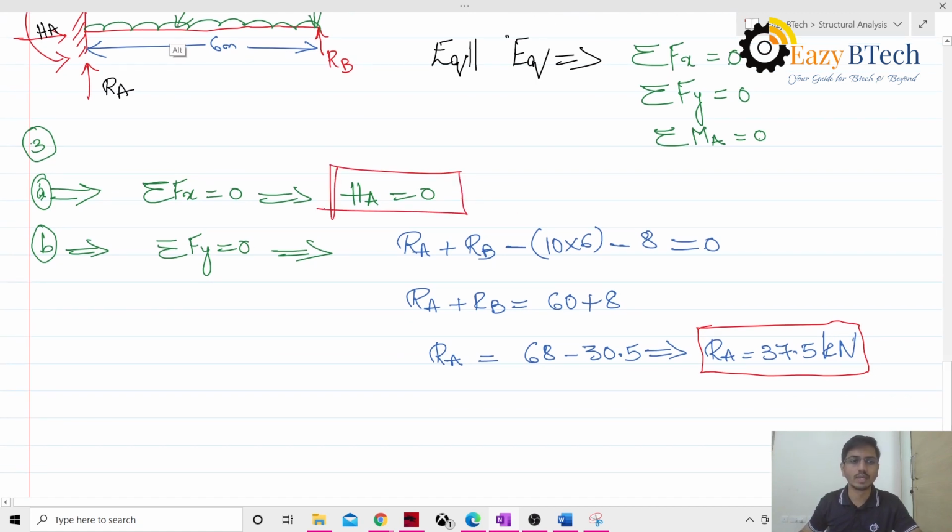Now the third, 3C. What is the third equilibrium equation I have? Sigma MA equal to 0. What does this sigma MA equal to 0 mean?